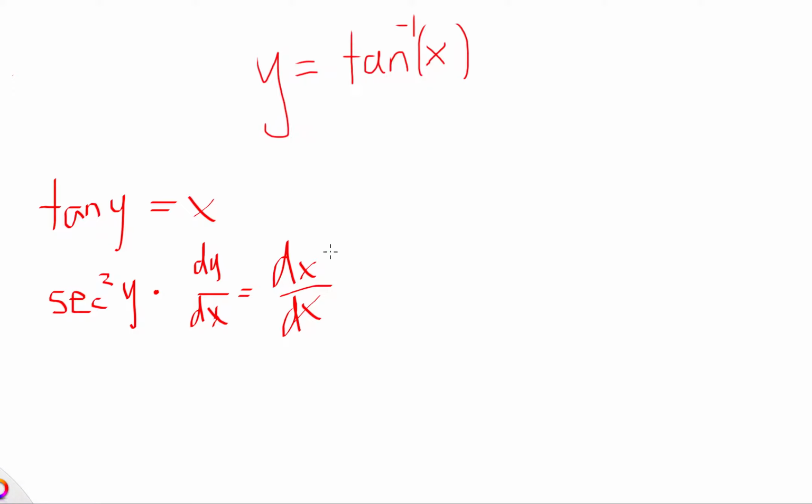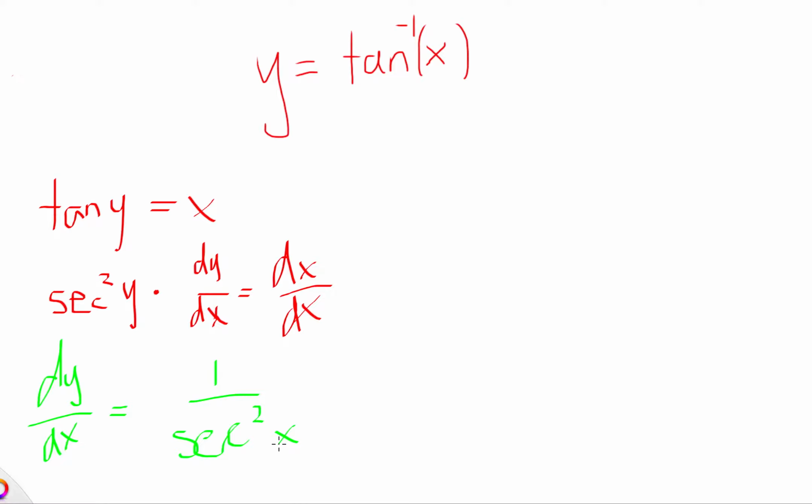It's always 1, right? The same thing divided by the same thing. So from here, we want to figure out what dy/dx is, right? That's the goal. So let's solve for dy/dx. If we get dy/dx by itself, we would have to divide this over, right? So 1 over secant squared x, okay?